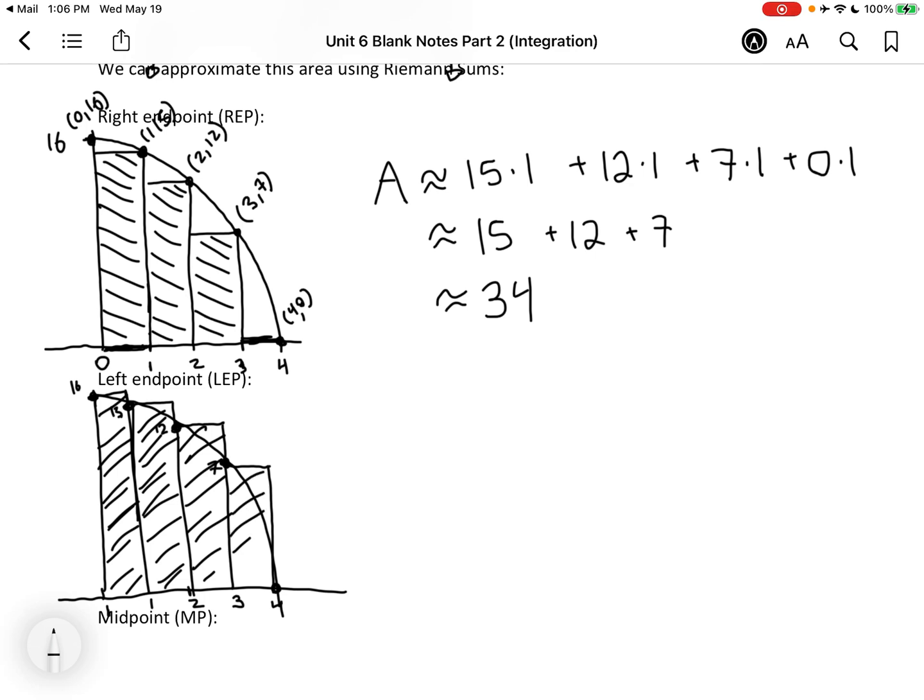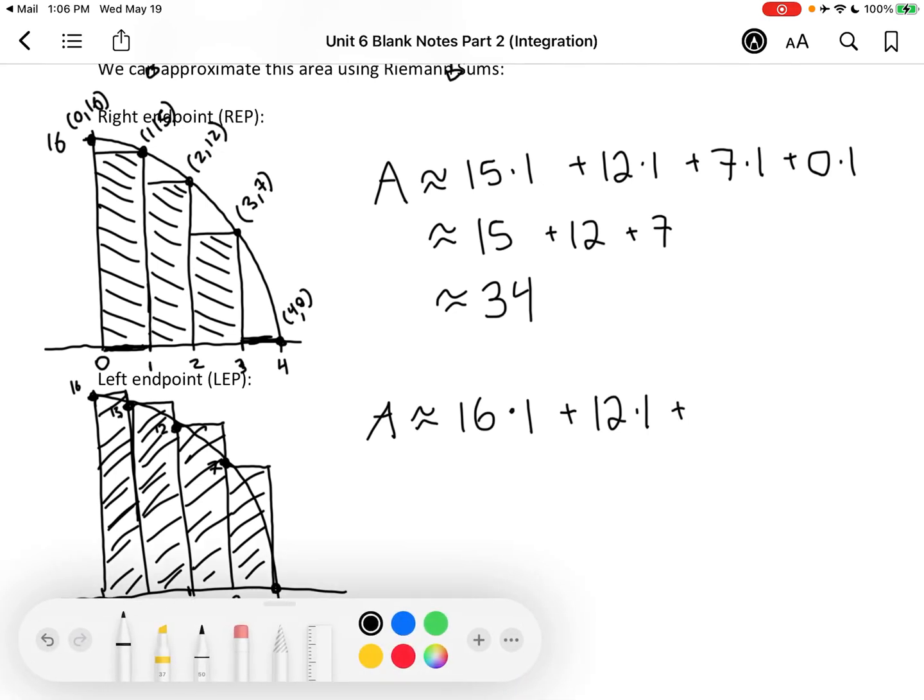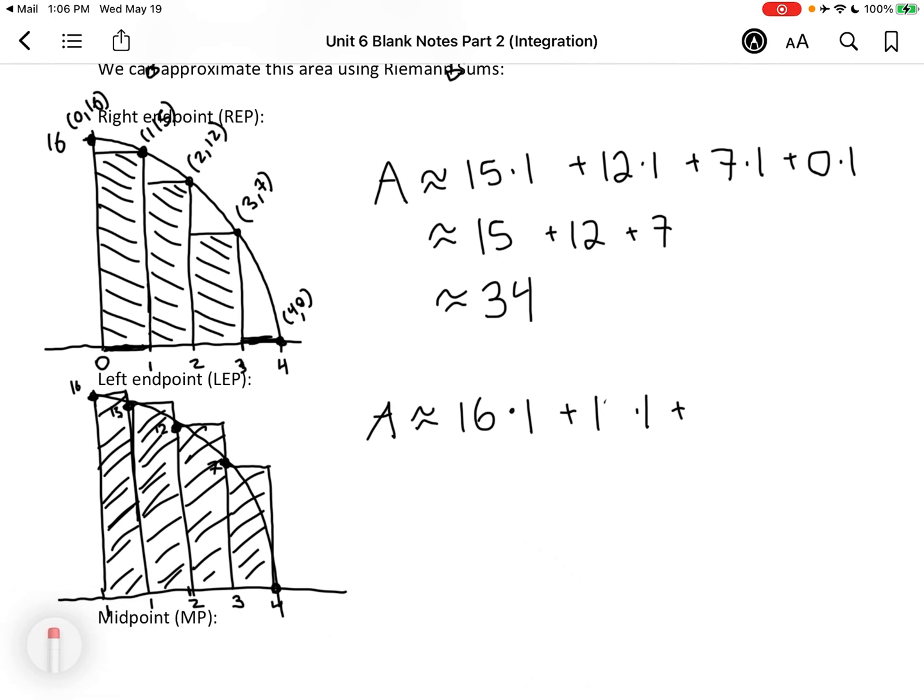So there we go. And if we do it using the left endpoint, the area is approximately, well, the first one has an area of 16 times, the width here is still 1, plus the second one rather would be 15 times 1, my bad.